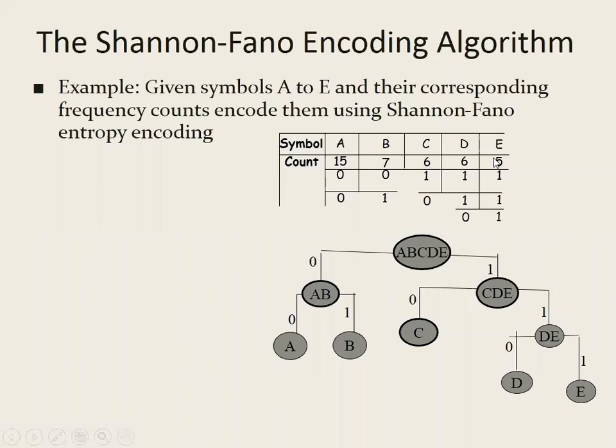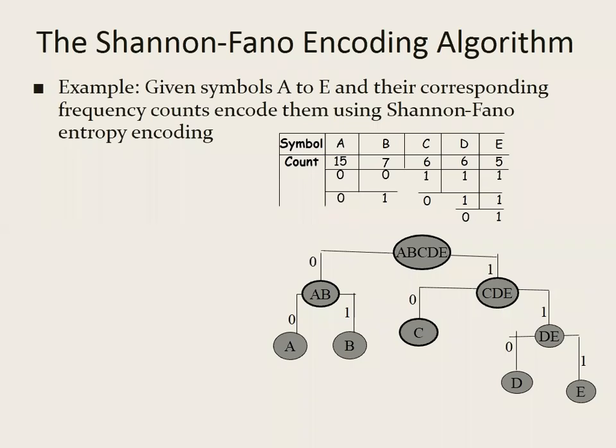Now, since all of them are in one node and have to be sorted in decreasing order, the root node should be split into two. So we form two branches, the 0 branch and the 1 branch. To form the branches, we split A, B, C, D, E into two based on their frequencies.